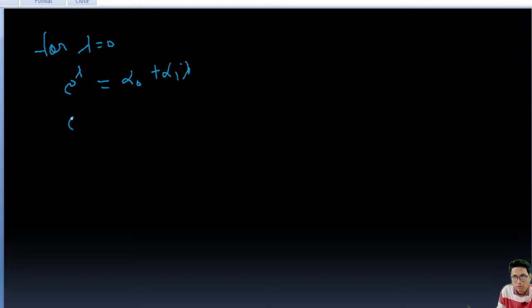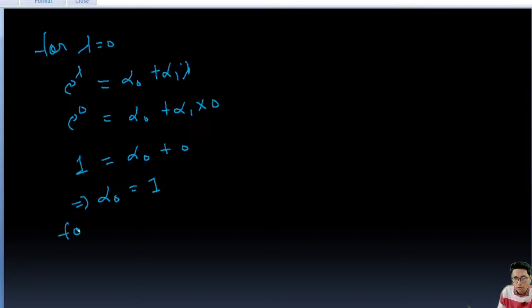So e to the power 0 equals alpha 0 plus alpha 1 into 0. The value of e to the power 0 is 1, and this term is 0, so alpha naught equals 1. Now for lambda equal to 3.